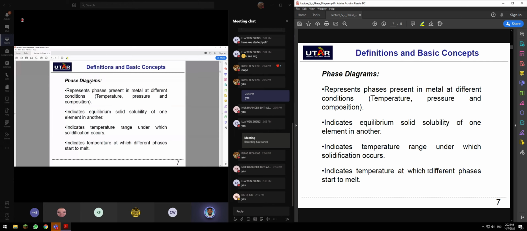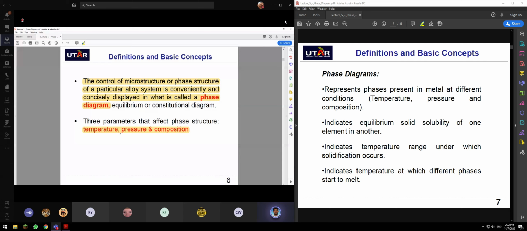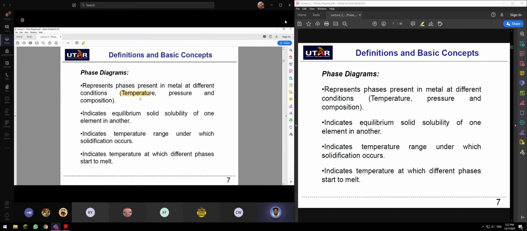Okay. Phase diagram. A phase diagram is the representation of phases present in a metal at different conditions, for example, temperature, pressure, and composition. It indicates the equilibrium solid solubility of one element in another.